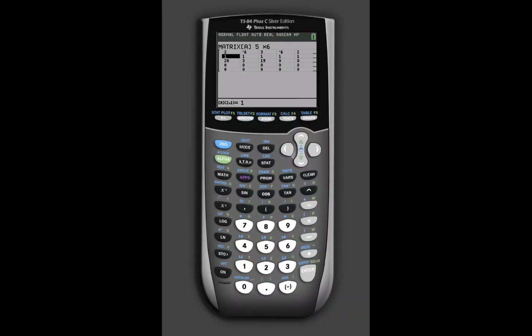My 5x6 is too big for my comfort of checking. I think I'm going to go down. 6. I think I'm just going to go down 1, 5, 2, 1, 6, 1, 5. I can't hit enter though, so it's annoying. I have to hit my down arrow. -2, -1, 3.